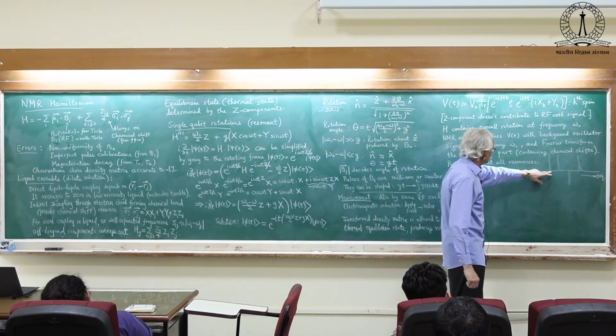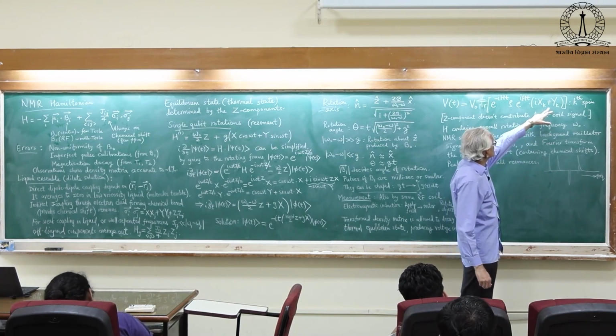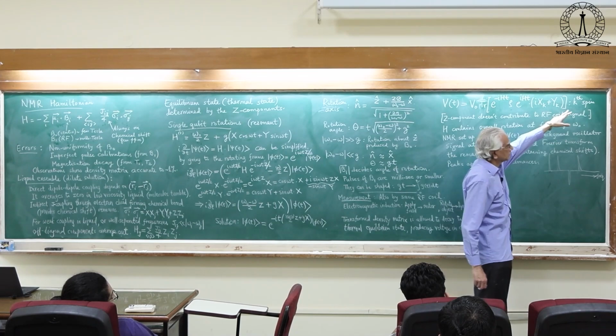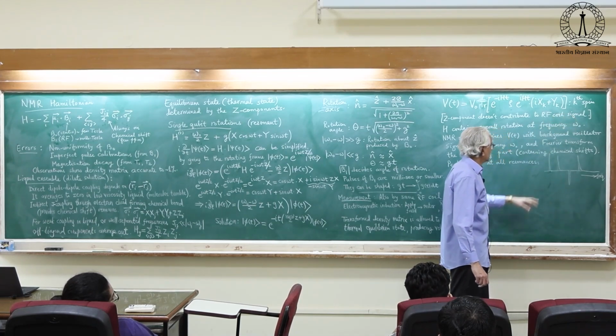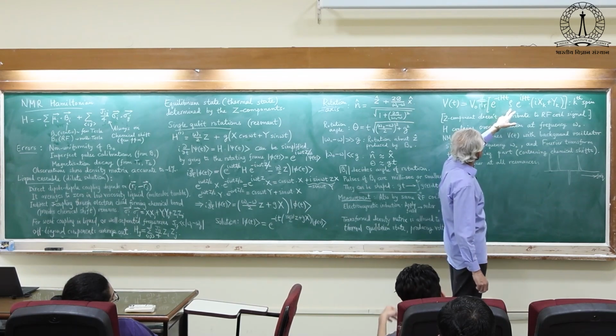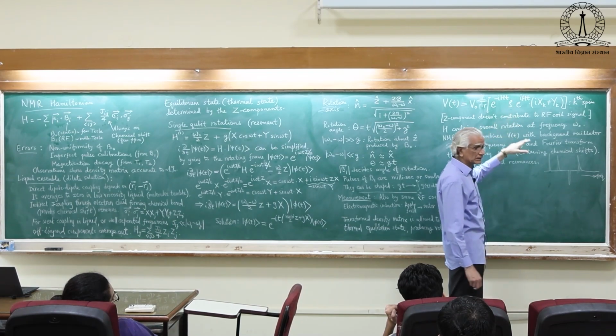And each resonance is unique because this is going to happen for each value of the spin. The size of the peak will actually tell how many atoms or spins are in that particular state.